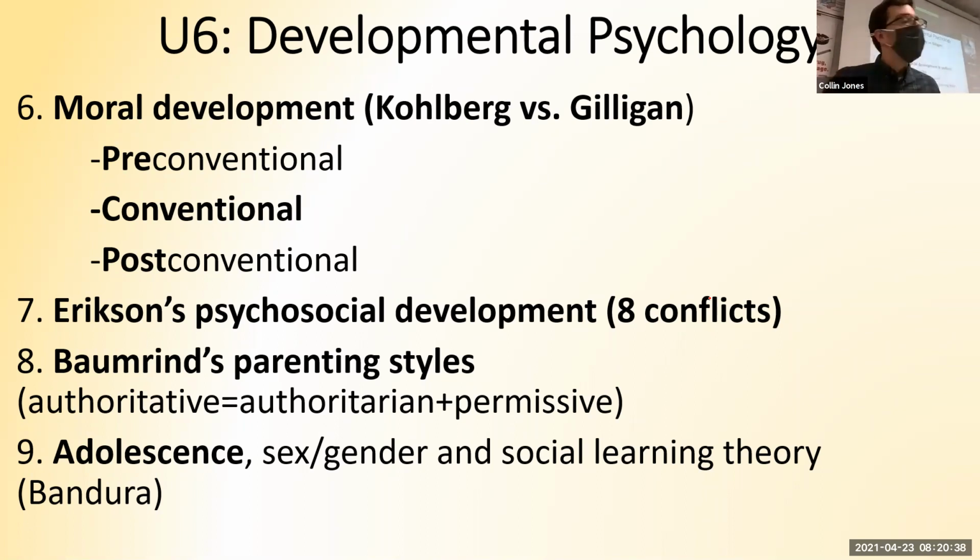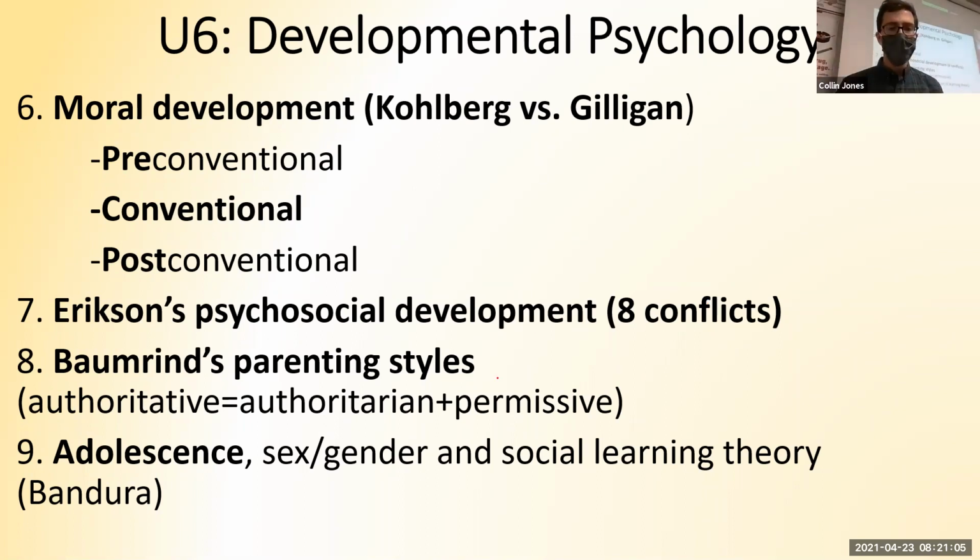4, okay. We did the famous Heinz dilemma, where I talked to y'all about Heinz and his wife was dying from cancer and should he save her or not? And we had this moral debate about what do you do? And based on your answers, we were able to say that you were in the conventional, the normal stage, the pre-conventional stage, you're not very moral, or the post-conventional stage, which is like you're super moral.